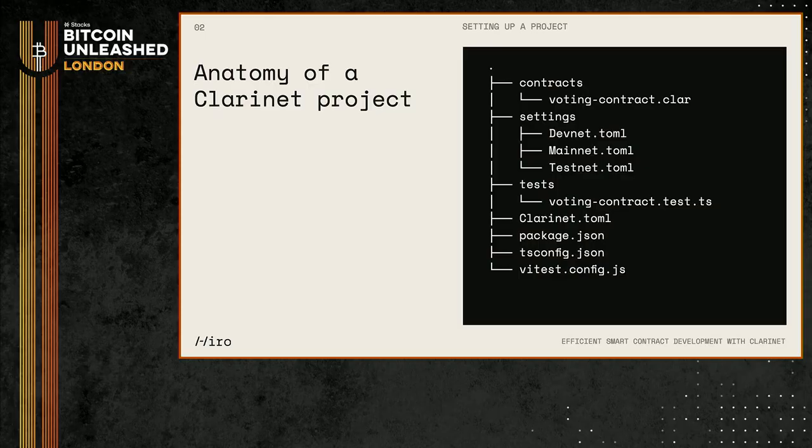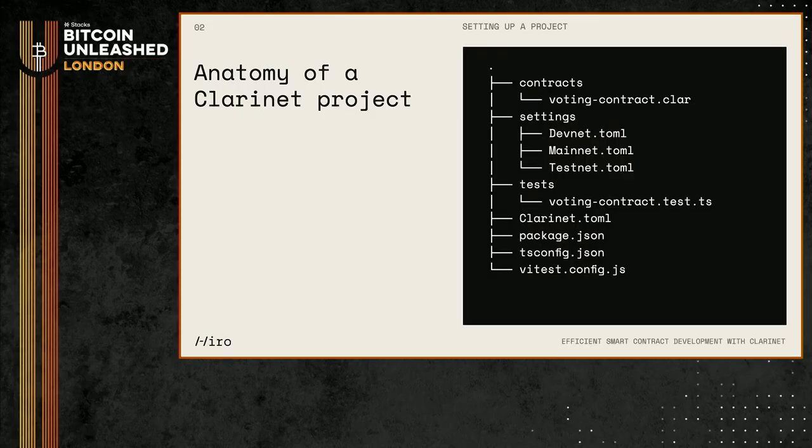It will allow you to have basically the whole Stacks environment running locally, so it's super useful to test and integrate with your smart contract. Then the mainnet and testnet settings are private files that will be helpful to deploy your contract on the mainnet or on the testnet.